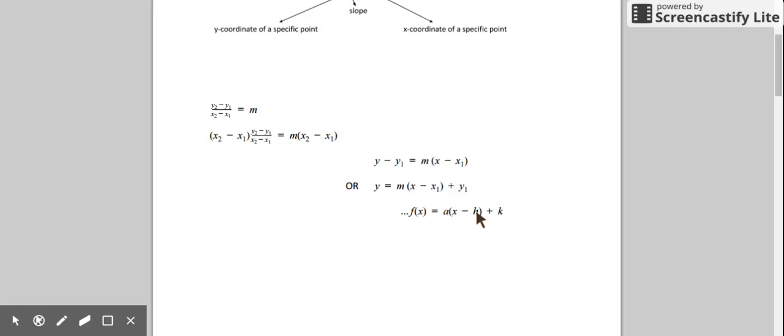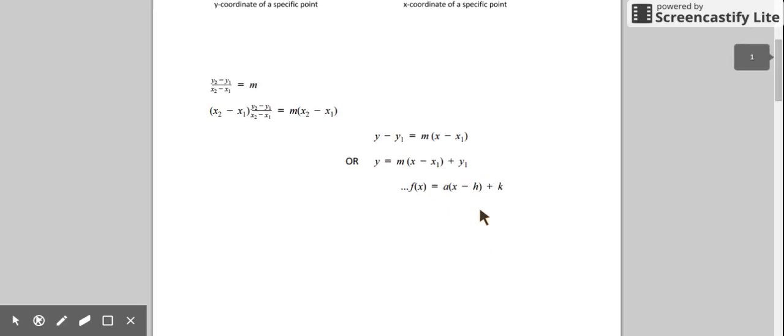X1 is going to represent a horizontal shift on the x-axis, and k is going to represent that y1, and it's going to turn into a vertical shift on the y-axis. So when you get into functions and function notation, you'll start to recognize that point-slope form coming back. But today we're just going to focus on this form, y minus y1 equals m times the quantity x minus x1.